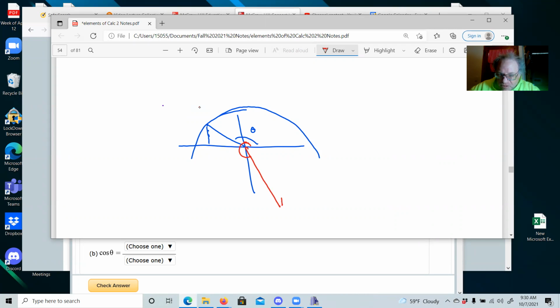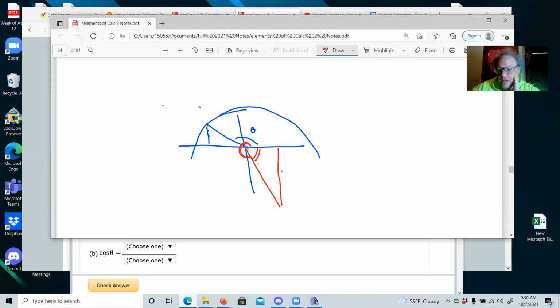But when I'm looking at my triangle, the reference angle that I want is to the horizontal. Don't go this way. Don't go to the vertical, go to the horizontal. Now it's going to turn out that this angle is going to have almost the same trigonometric ratios as this angle all the way around here.